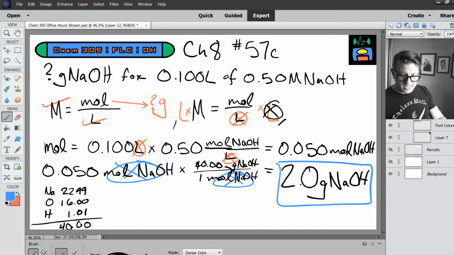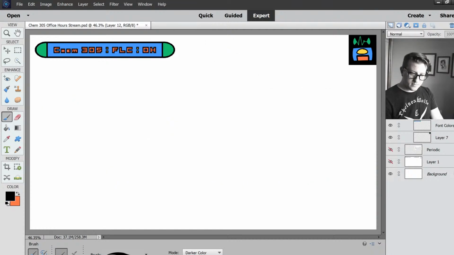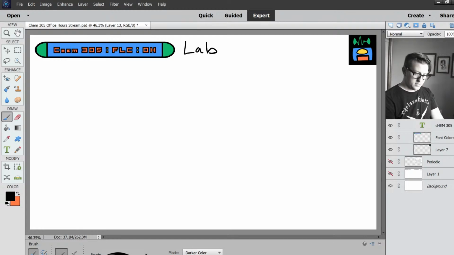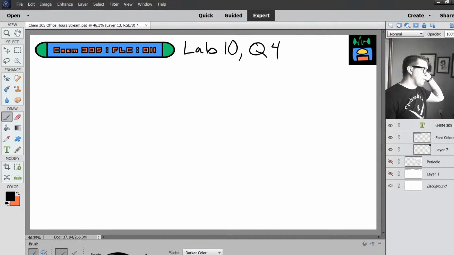All right, so this is a question coming in from Lab 10, question 4. Lab 10 question 4 says, why is it that the Erlenmeyer flask need not be dry, and why is it not necessary to precisely measure the 25 mils of water added to the flask?